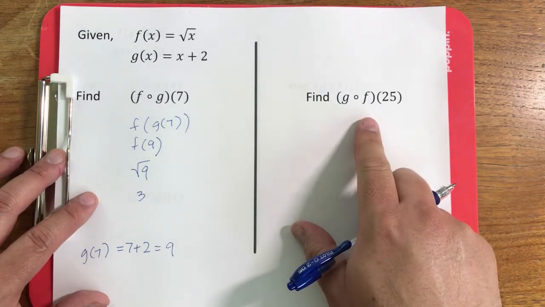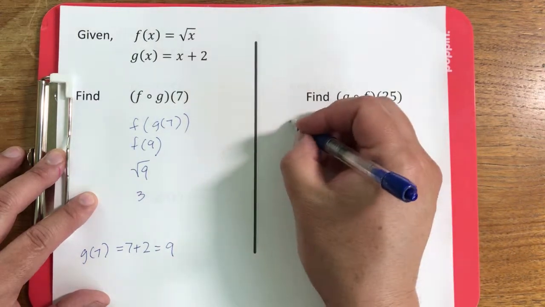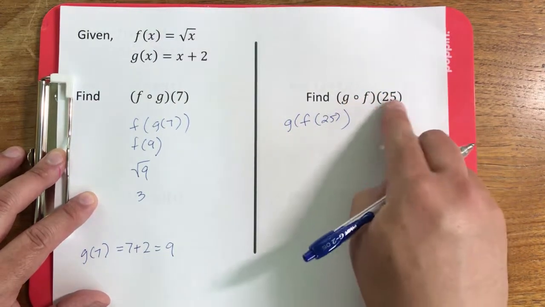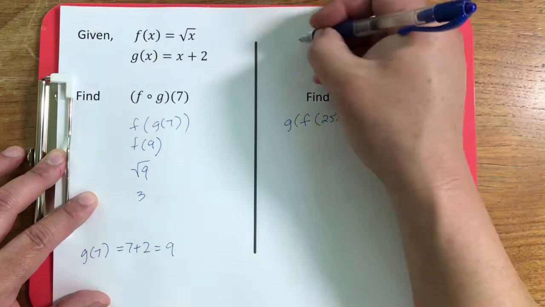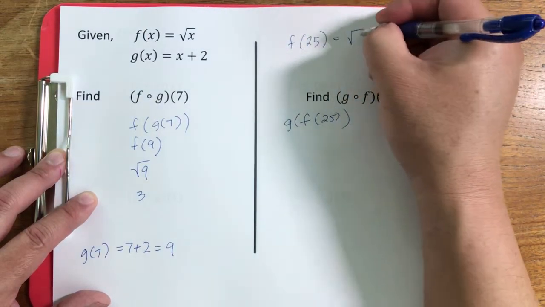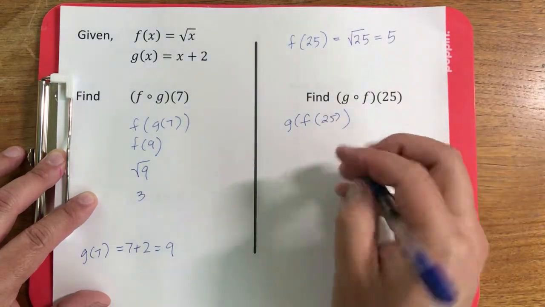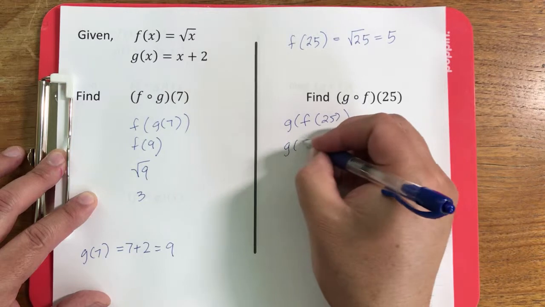Let's try this again. So again, we go right to left. We're going to go g of f of 25, right? This goes into f, and then that result will go into g. So let's figure out what f of 25 is. It's equal to 5. So now let's put in 5 for f of 25. We're going to get g of 5.